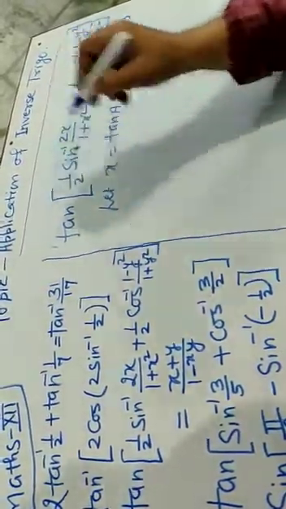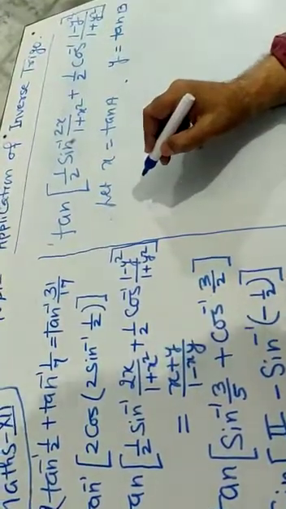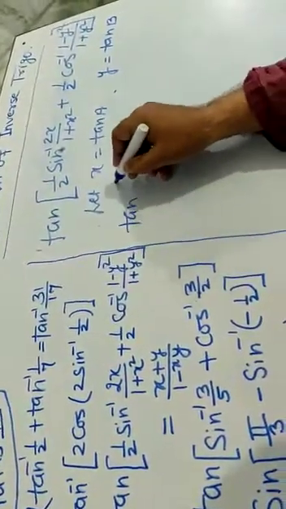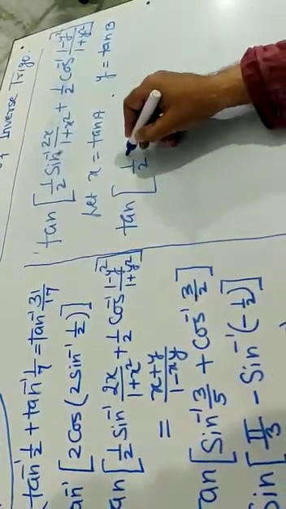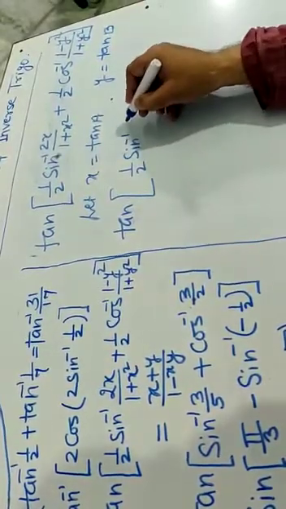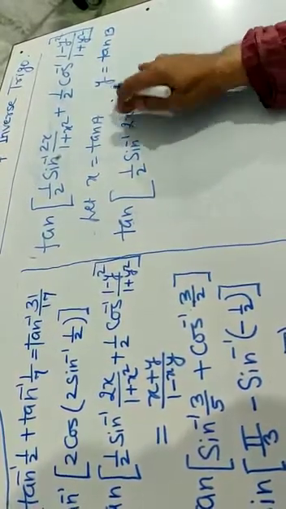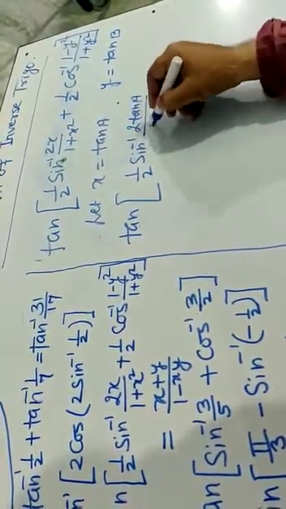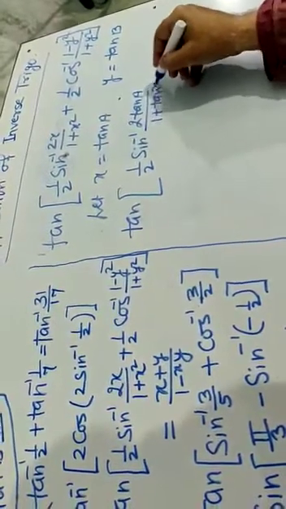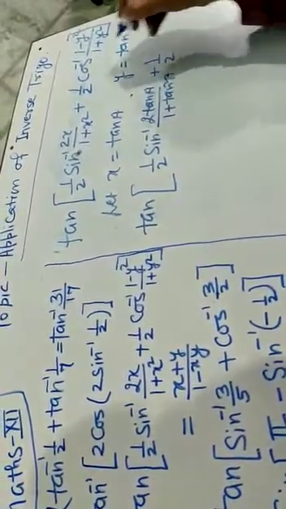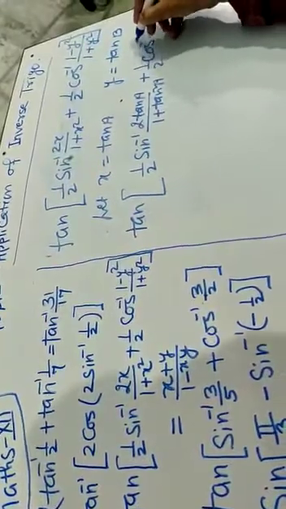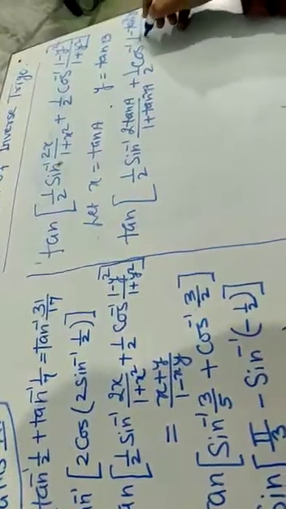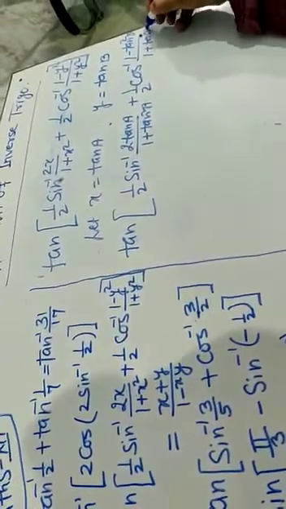Because this format comes under the 2 tan inverse x form: 1 by 2 sin inverse of 2 tan a by 1 plus tan squared a. Similarly, 1 by 2 cos inverse of (1 minus tan squared b) by (1 plus tan squared b).